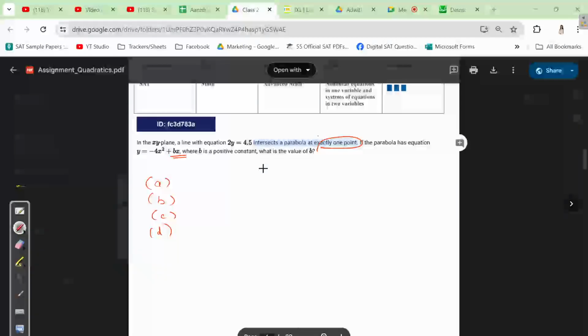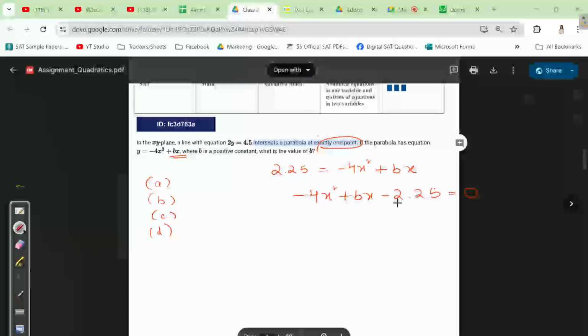Okay, so we put them equal to each other. y was 2.25, so 2.25 equals negative 4x square plus bx. Then what would you do next? And then I would take 2.25 to the other side, and then I'll use a discriminant. What will be the discriminant for this?